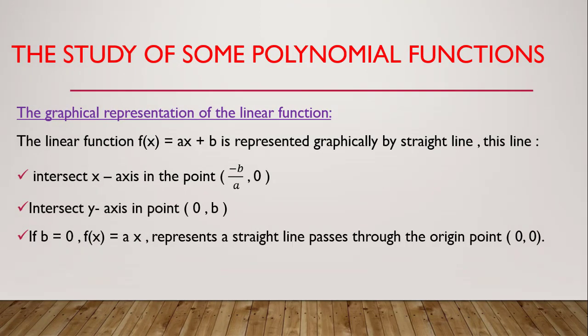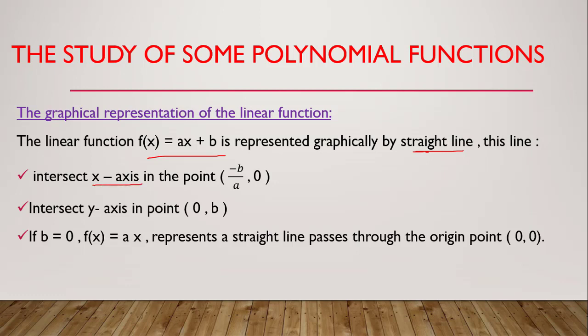Okay. If we represent graphically the linear function f of x equals ax plus b, it will be a straight line. And we have some properties for this straight line. This straight line intersects x at a point which is negative b over a and 0. Intersect x means y equals 0.